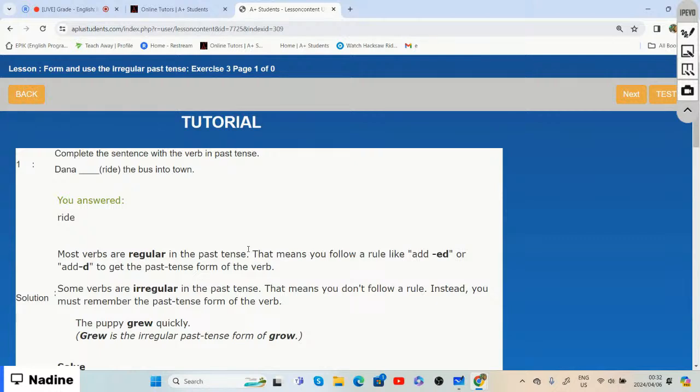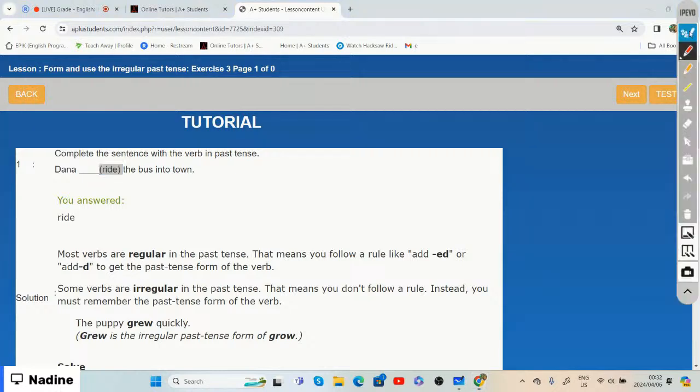So now we are at Dana ride the bus into town. If we look at the irregular past tense form of ride, the irregular past tense word of ride is rode.